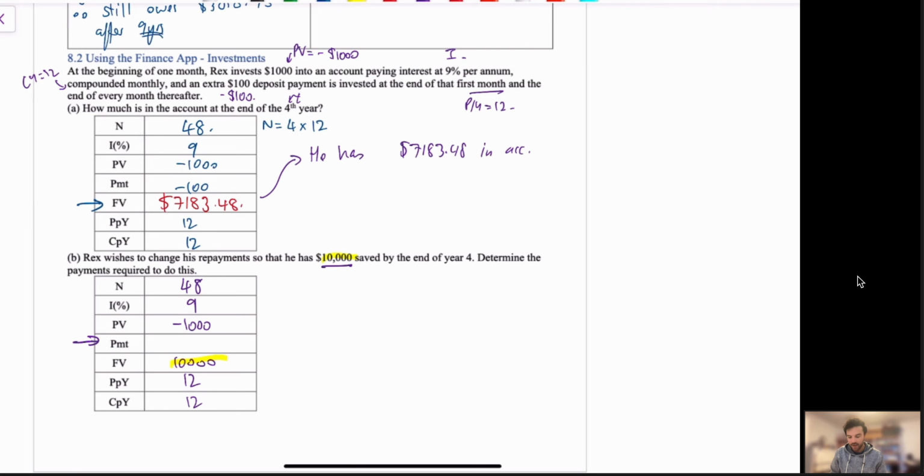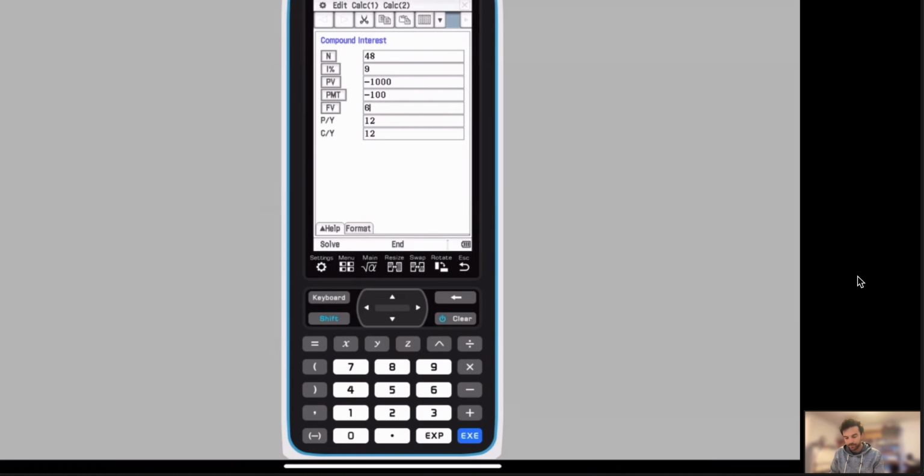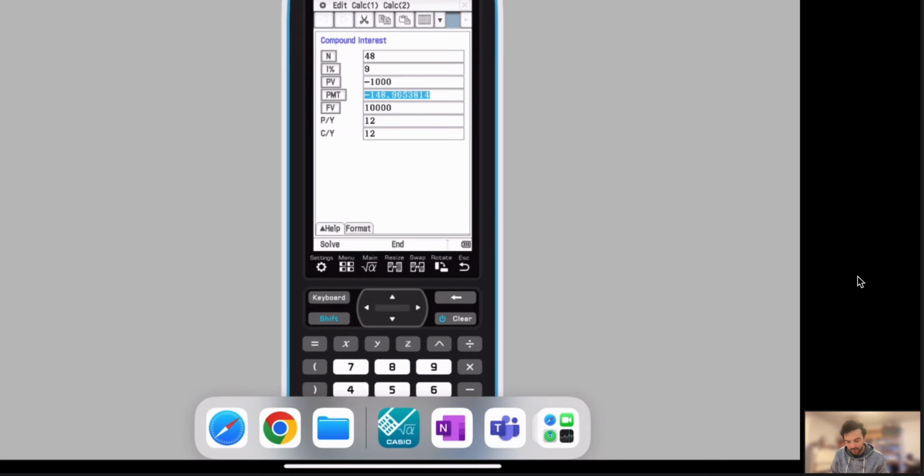Now we're going to go back onto our app and we're going to solve for that. So we want an FV of $10,000. Now we're going to solve for payments, 148.97.